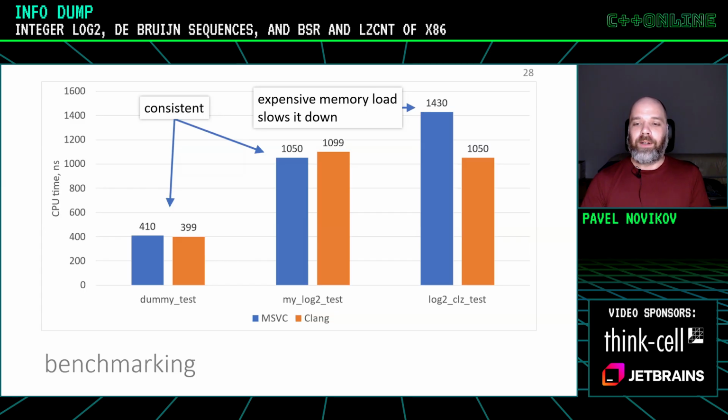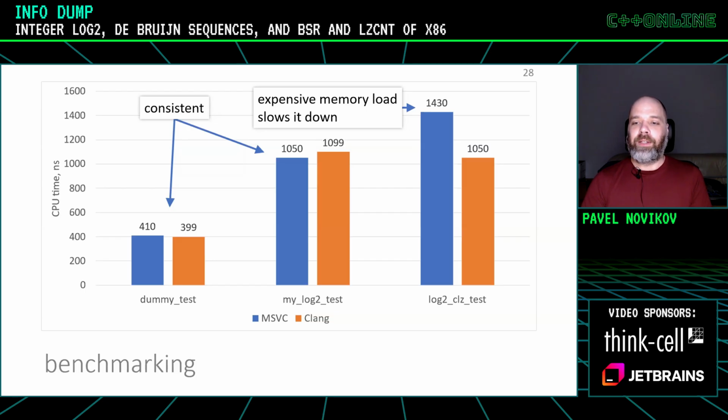But for the implementation that uses count leading zeros, we get a very slow result for MSVC, which results from the inability of the compiler and optimizer to get rid of that expensive memory load. We have to load from memory on every call, and this makes this implementation slower than it can be.